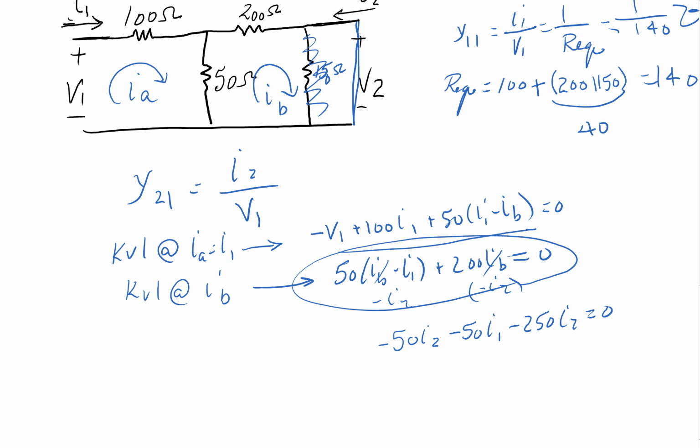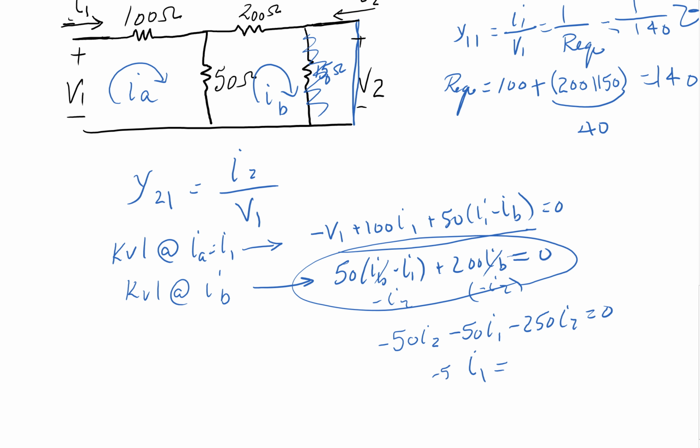And if we do that, then we've got 100 and 250. So, we really would like everything to be in terms of I2, which means then I1 is equal to, I'm sorry, I did that incorrectly. So 50 and 250 is 300.